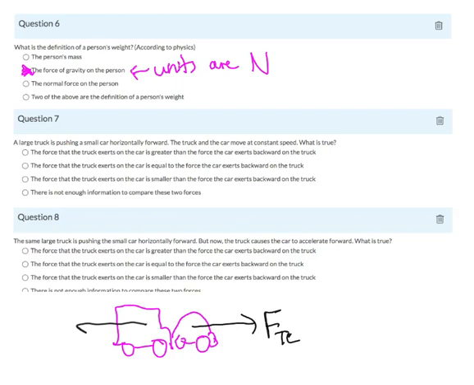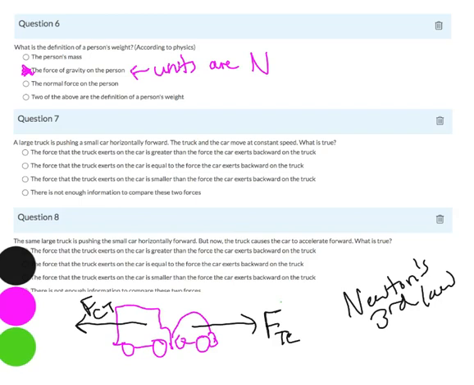And then the truck is going to feel a force from the car backwards. And notice that those are on two different objects. And those are going to be action-reaction pairs with Newton's third law. So this is a Newton's third law situation. Because they're action-reaction pairs, that means the force that the truck exerts on the car must be equal to the force that the car exerts backwards on the truck. So those two have to be equal to each other.